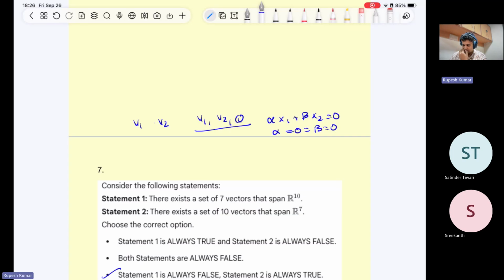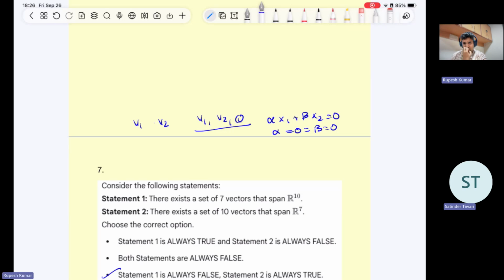Now if you add the zero vector, they are saying alpha x1 plus beta x2 plus gamma times the zero vector equals the zero vector. Gamma need not be zero, right? So now these vectors will be linearly dependent.